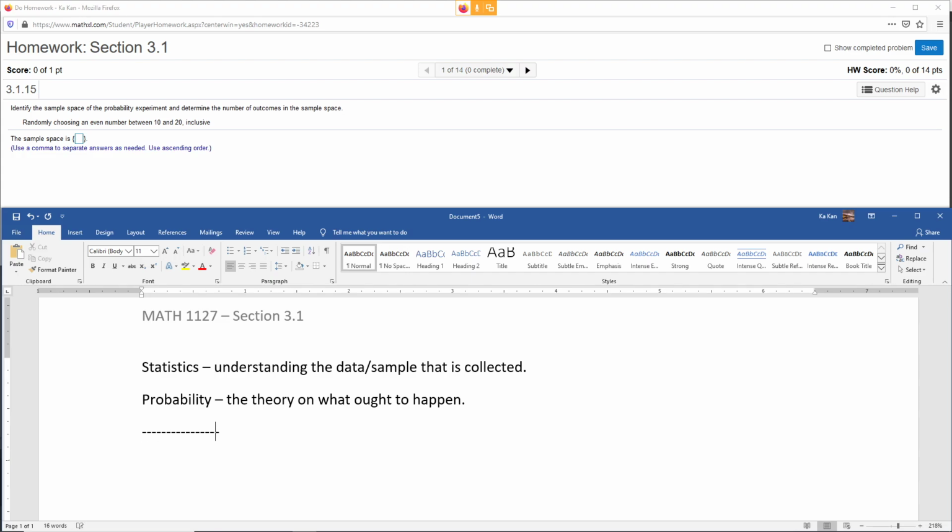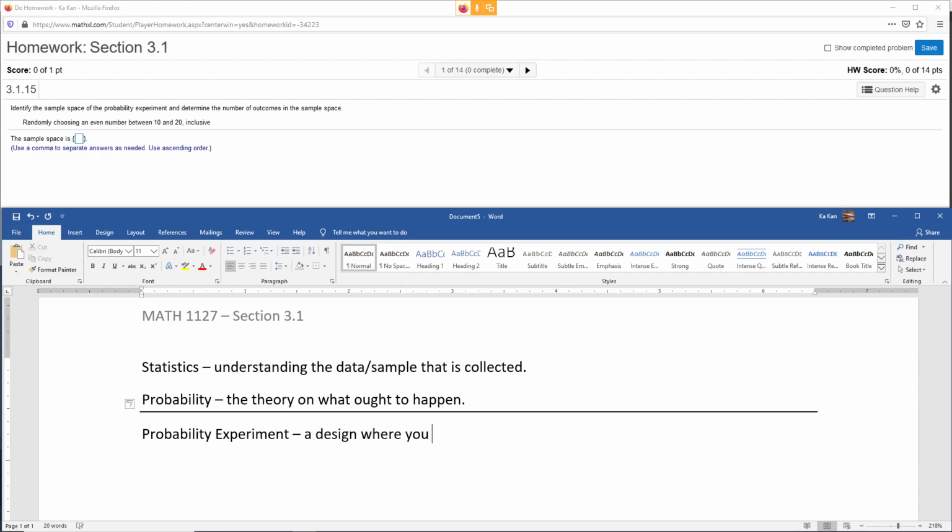First, there is some terminology that I want to go through. What is a probability experiment? An experiment in probability is basically a design where you have an occurrence of outcomes.